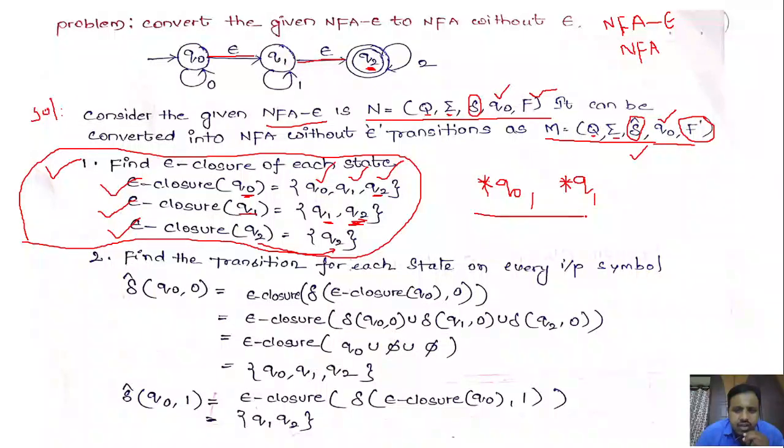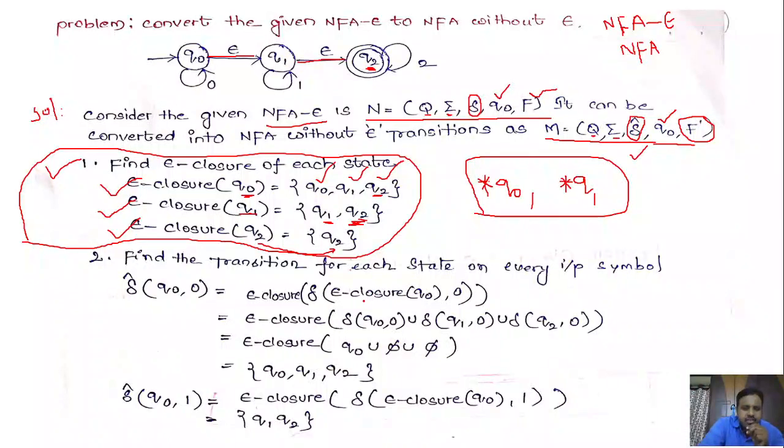So we have two final states in the resultant NFA: Q0, Q1. Why? Because the epsilon closure of these two states contains Q2 as a member. So these are step 1 and step 2.